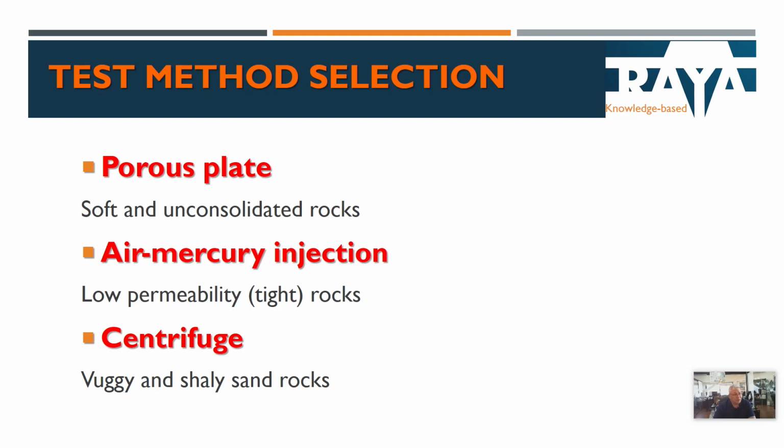Generally, we have different methods, but the main methods are pulse plate, air mercury injection, and centrifuge.